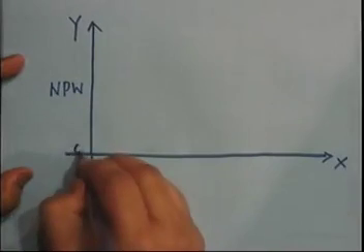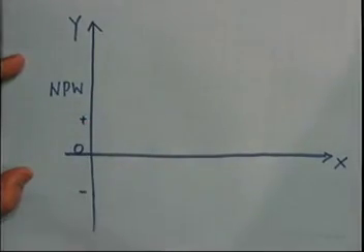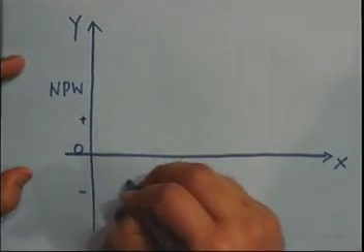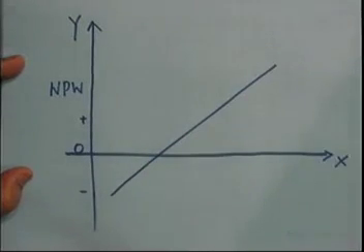Let us say this is 0, these are some plus values, these are some minus values, right. Suppose the receipt diagram is something like this.